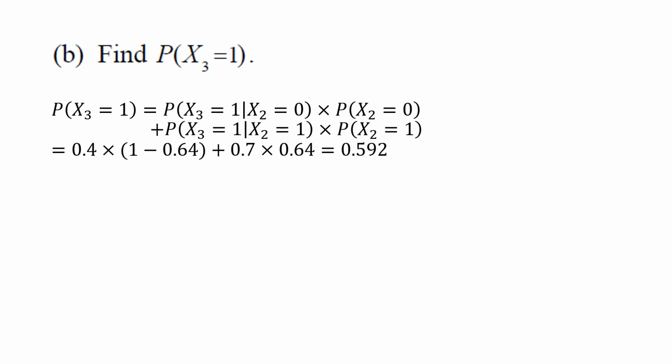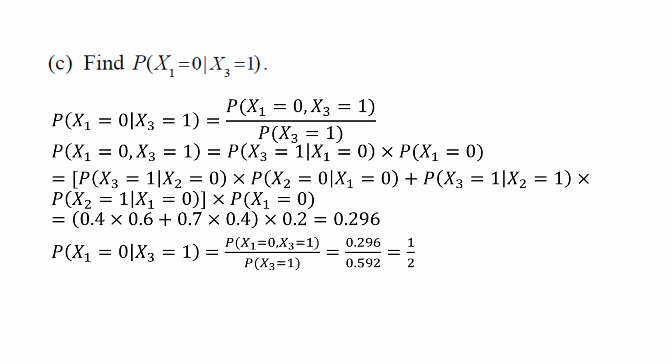We already have the probability of x2 equals 1, and we can calculate the probability of x2 equals 0 by 1 minus the probability of x2 equals 1, multiply them accordingly and get the sum of these two cases. The answer is 0.592.